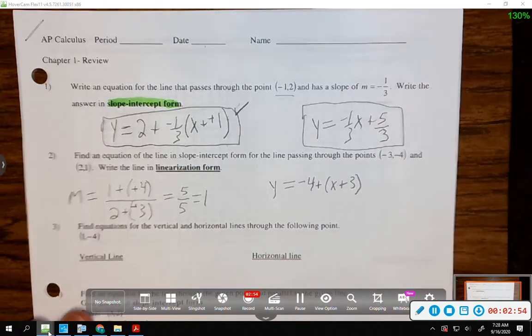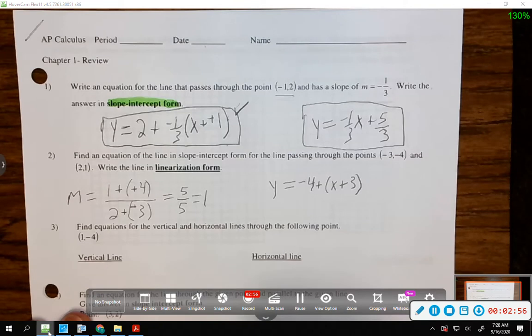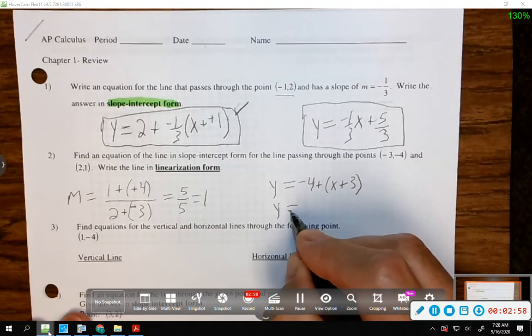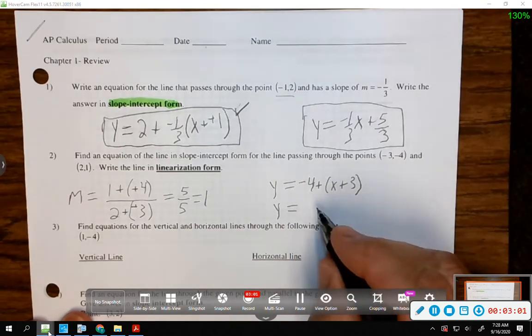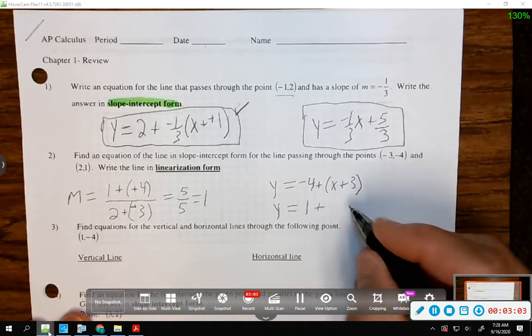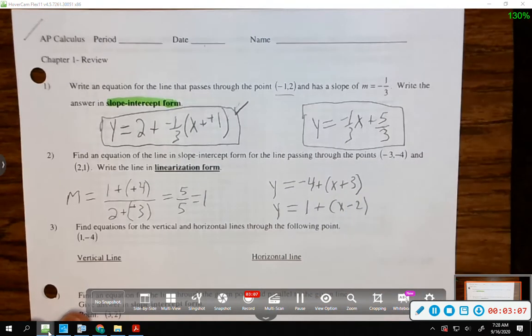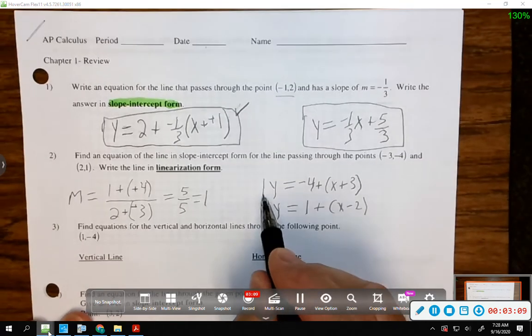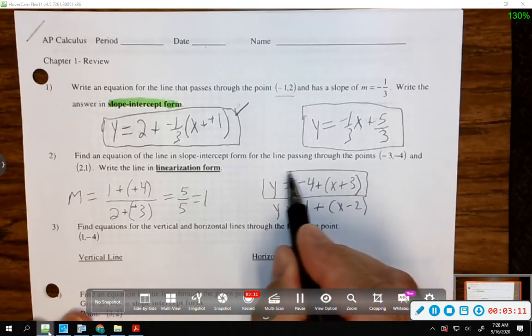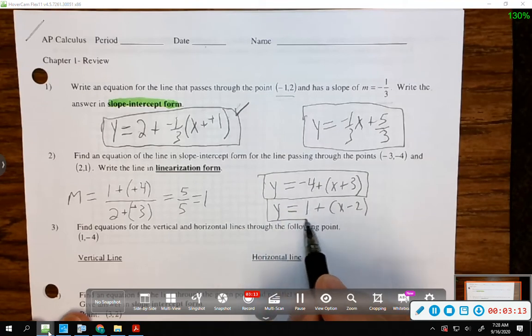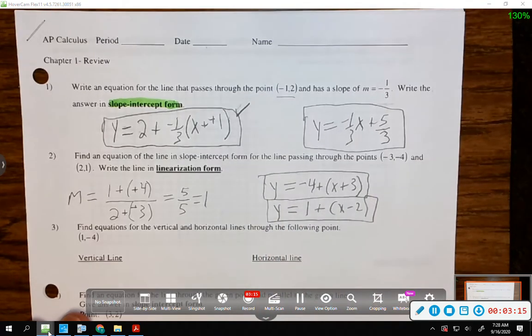That's one way that you could write the answer. The other one would be the y coordinate, which is 1, plus x minus the x coordinate. Either one of these would be correct. You do not need to list both, just one. I'm writing both down so that you can correct your assignment.